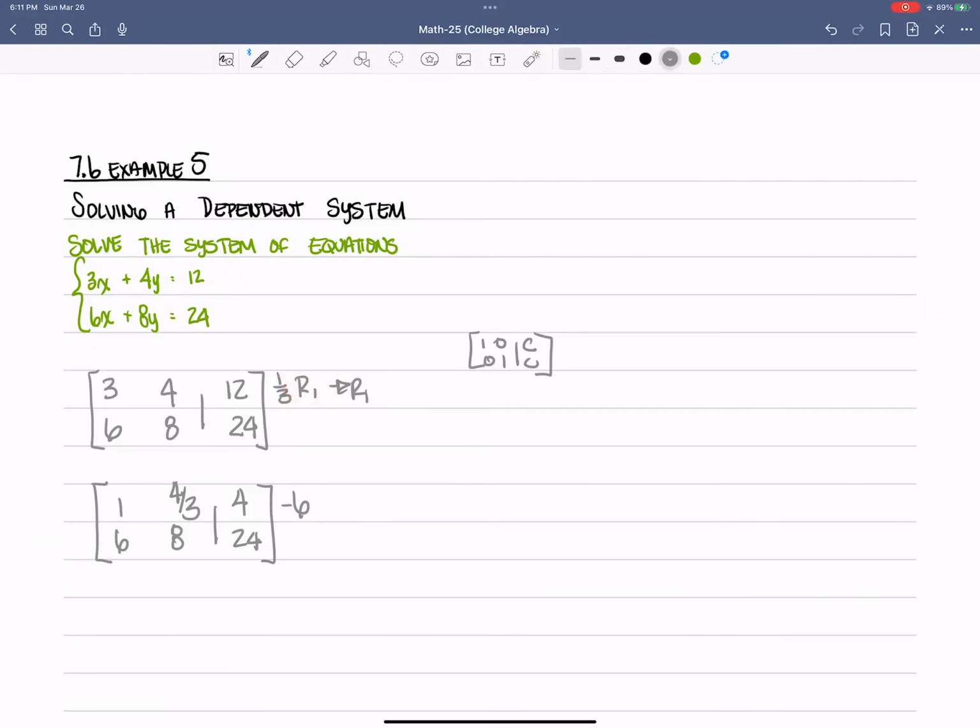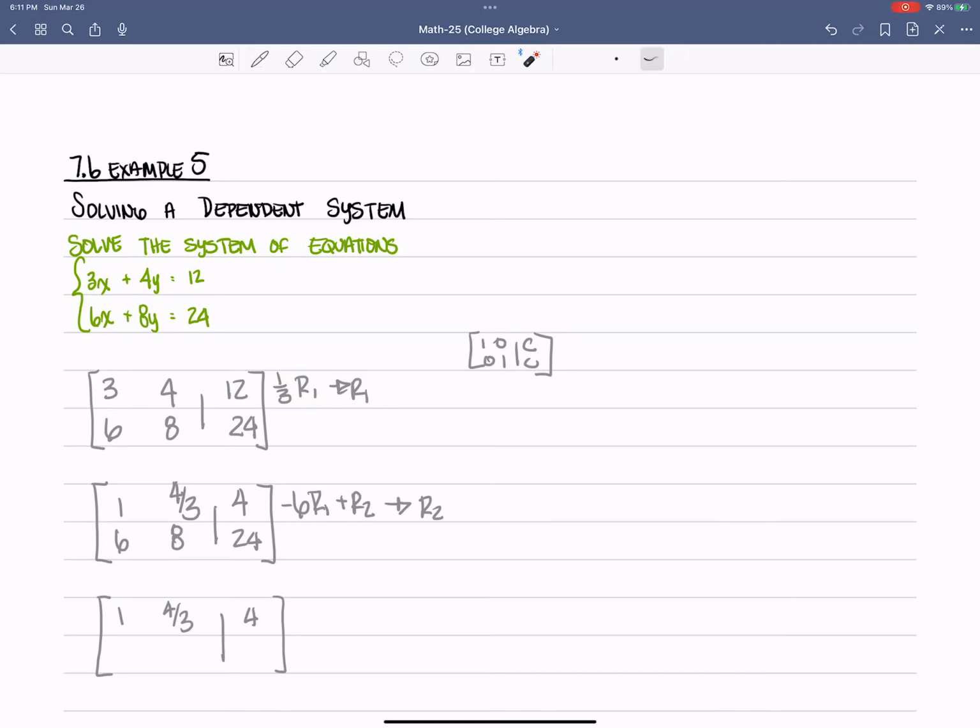So -6 times row 1 plus row 2. What we're trying to manipulate is row 2. Row 1 is not being manipulated whatsoever. So 1, 4/3, and 4.